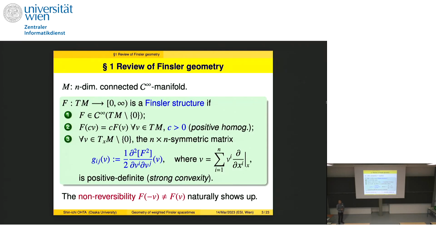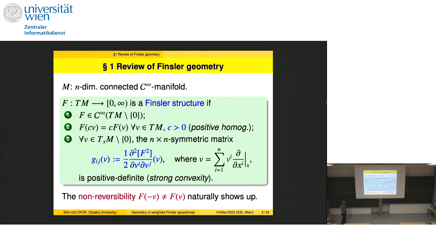As I explained, if it's smooth at the zero section, it's necessarily a Riemannian structure, so we don't have smoothness at the zero section. About the homogeneity, we assume only positive homogeneity: F of cv coincides with c times F of v for any tangent vector v and any positive c. And about the convexity, we assume the so-called strong convexity.